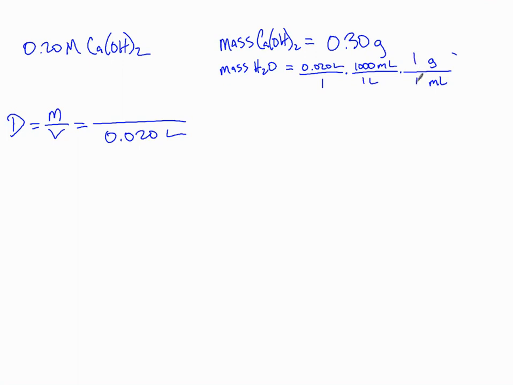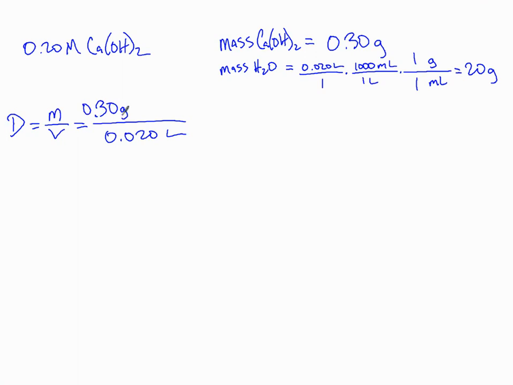So 1 gram per milliliter. This is one of those questions where we already had all the numbers, but it was kind of a hunt. So here we end up with 20 grams.